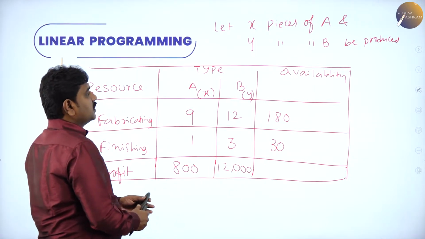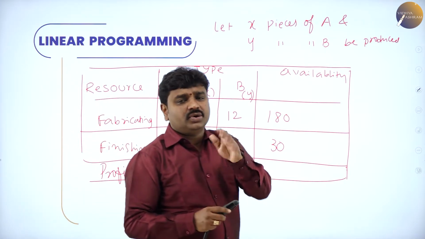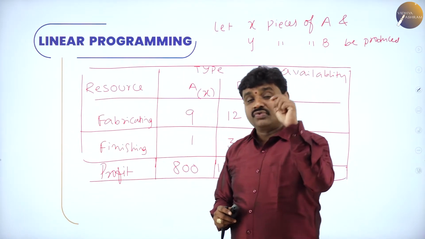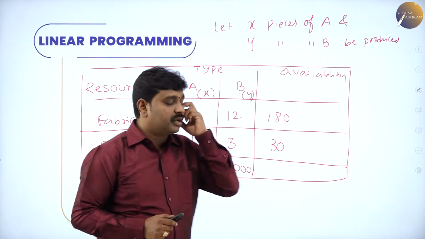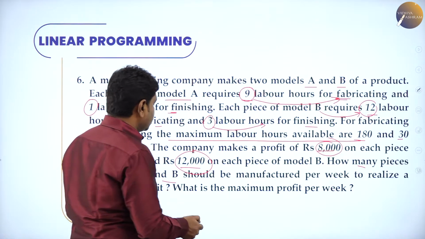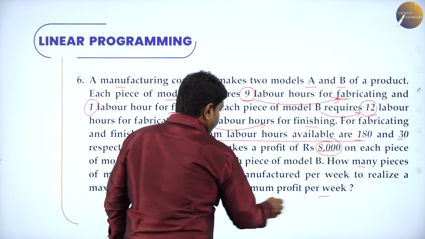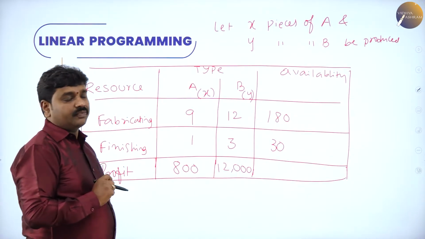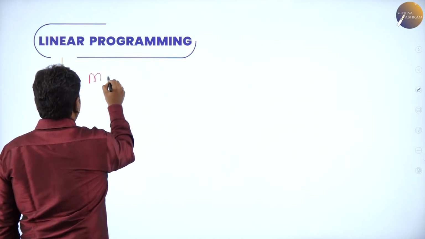Dear students, whatever they give, I converted into a table. But first I should formulate LPP. Now let us formulate LPP from the table. So when you read the question, they want the maximum profit. So you should maximize the profit. So maximize what? Profit.